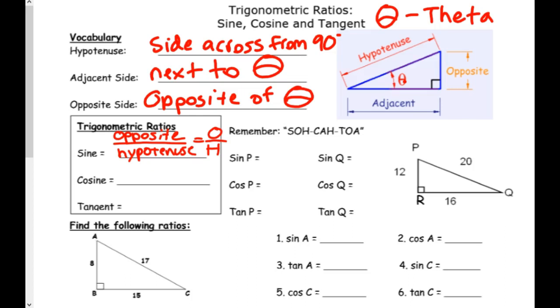So cosine is going to be adjacent over hypotenuse, which is A over H. I know it's kind of a lot, it's kind of small, but write it down.